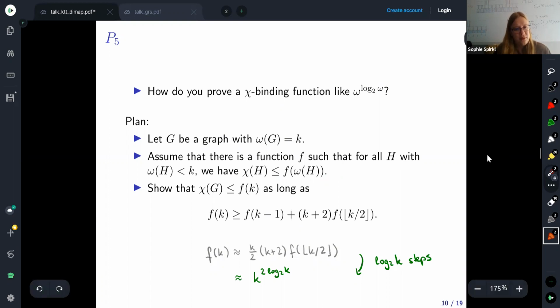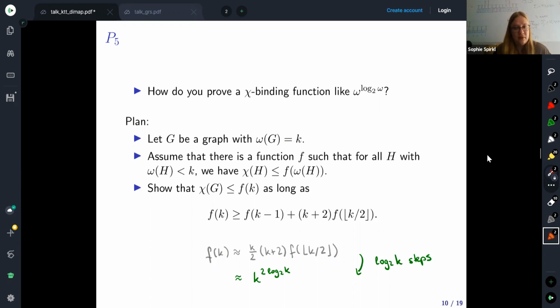And now, what kind of recursion would f need to satisfy in order to get out a bound that looks like this? As it turns out, proving this kind of bound will work. So we'll prove that the chromatic number of G is at most f of k minus 1 plus k plus 2 choose f of k over 2, rounded down.